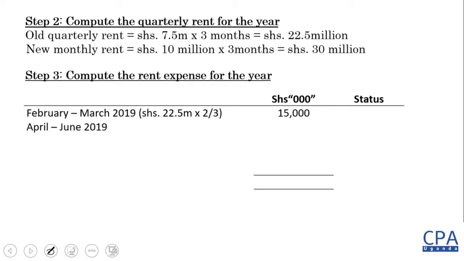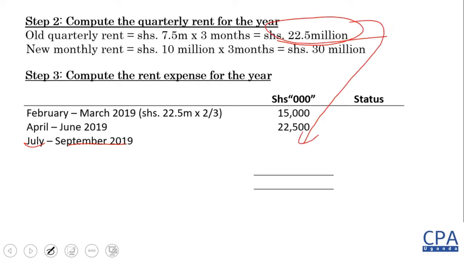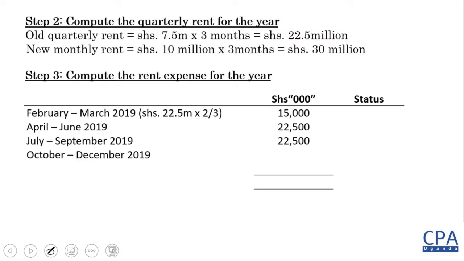Now, from April to June, that is a full quarter where we are going to pay the old rate of 22,500,000. And then from July to September, that is a full quarter again, so we pay 22.5 million. Then from October to December, we are going to pay the new rate of 30 million.